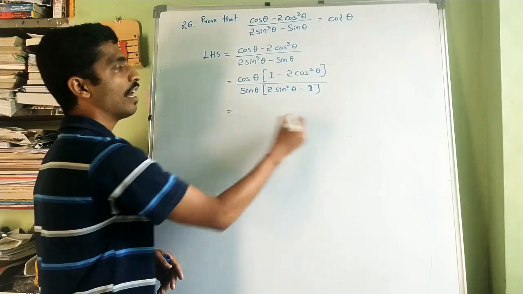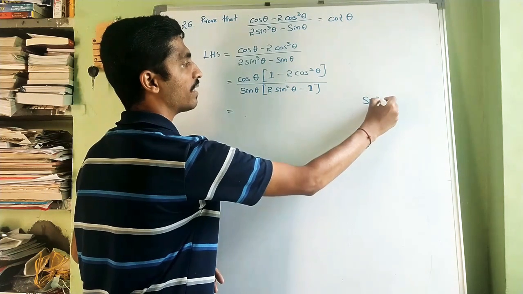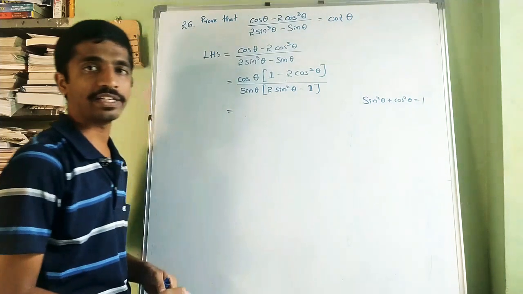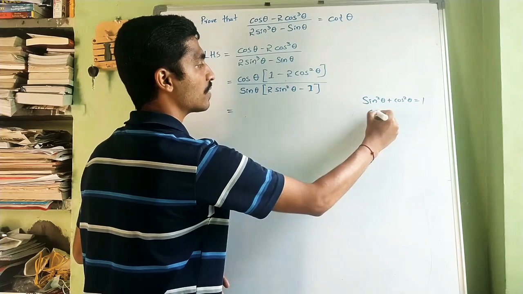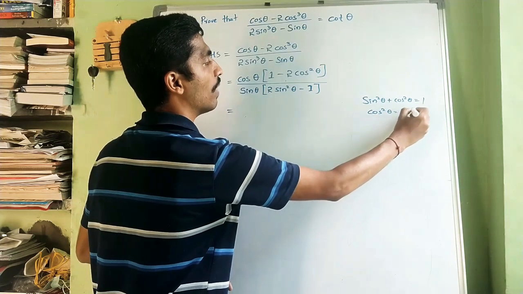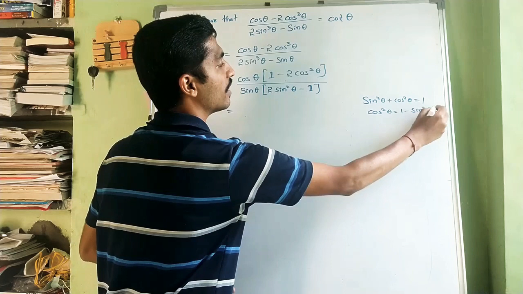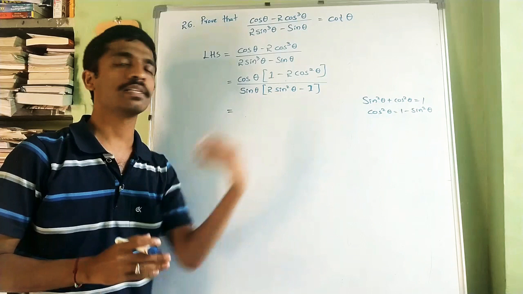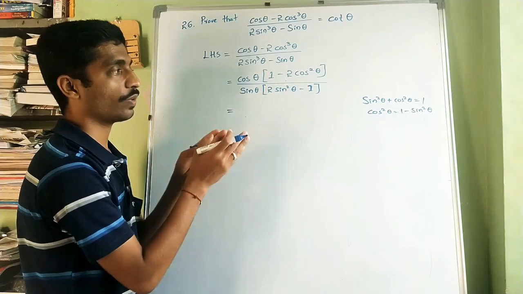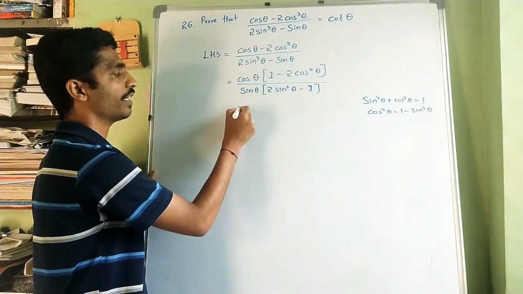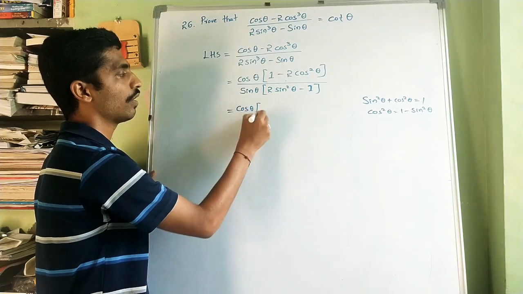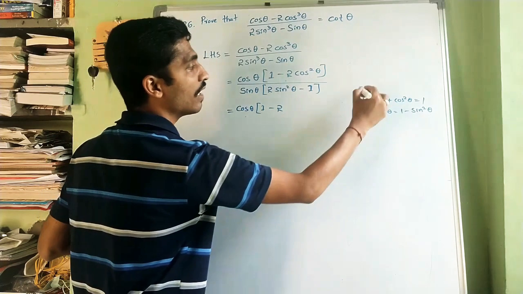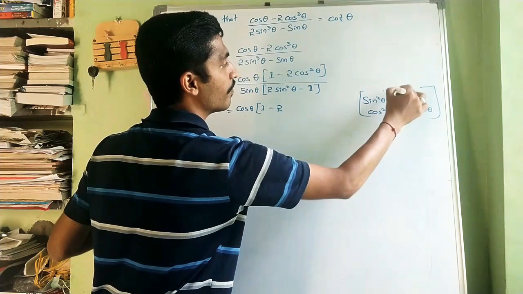Now applying sin square theta plus cos square theta equal to 1, we have one identity. So cos square theta equal to 1 minus sin square theta. Using that cos square value in the numerator, here cos theta into 1 minus 2, in place of cos square I will write this identity.